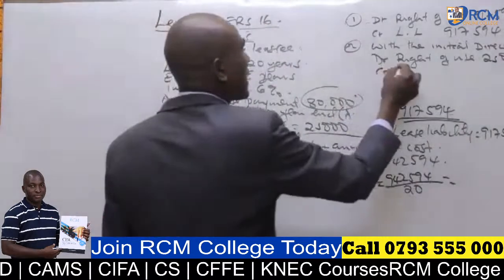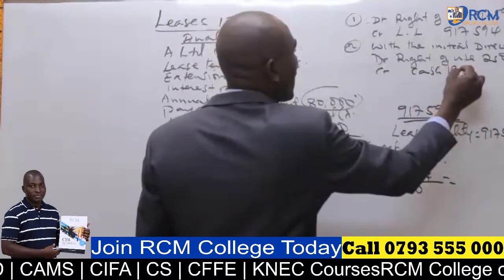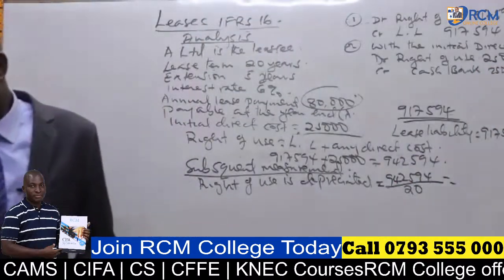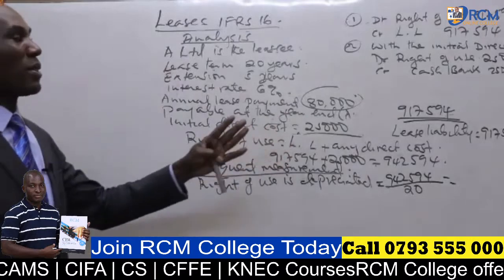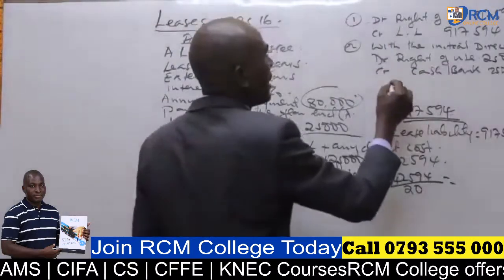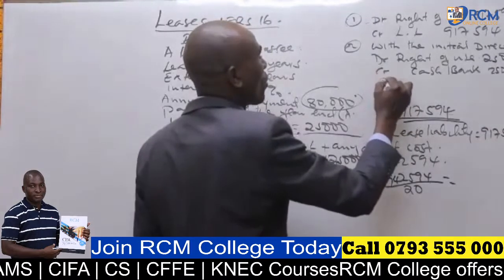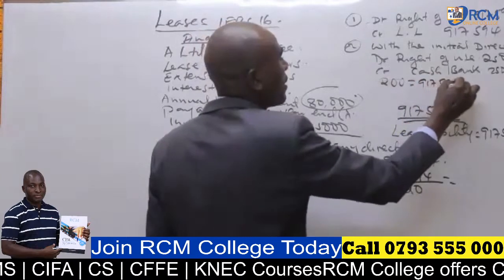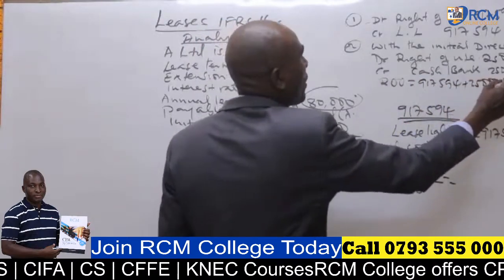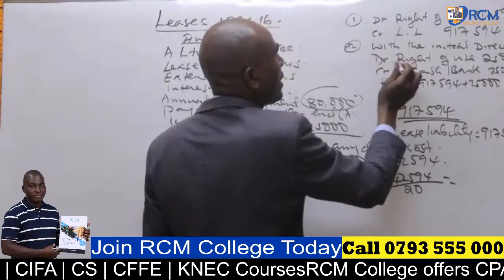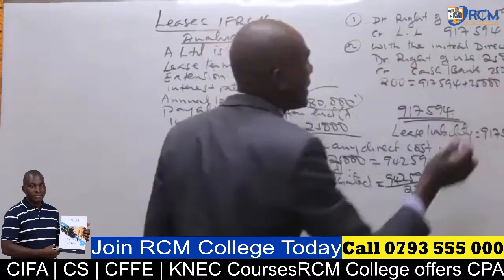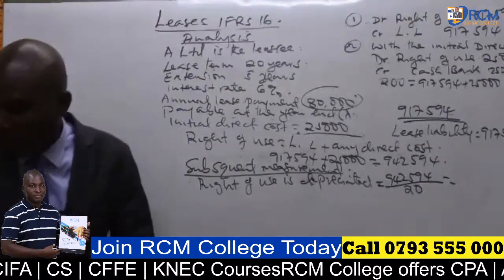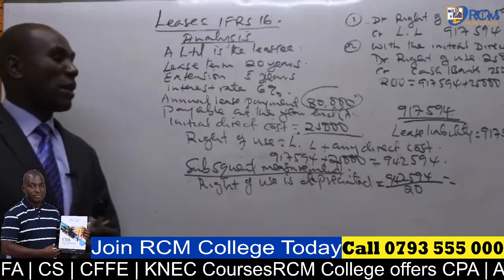Then I credit cash or bank, because I'm paying 25,000. That is why I'm taking ROU equals 917,594 plus 25, because on initial recognition, I debit right of use, I credit cash or bank. That is our journal entry for those who are asking for the journal entries.